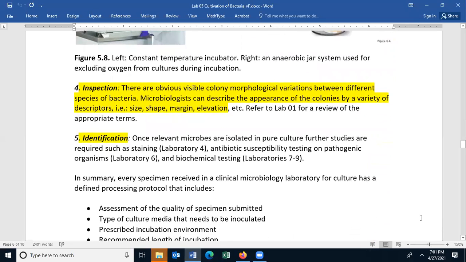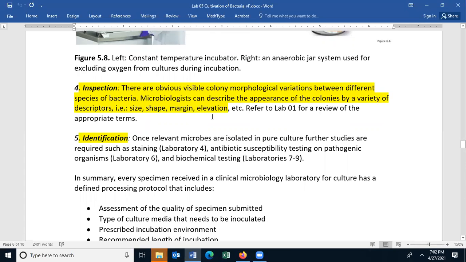Then you inspect the culture to make sure you have visible isolated colonies, and you see morphological variations between different species of bacteria. Microbiologists can look at these differences and make some conclusions about the species from the colony characteristics, like the size, the shape, the margin, the elevation.